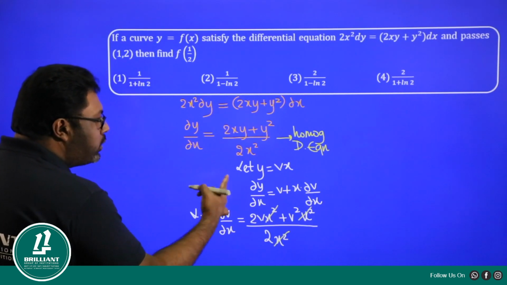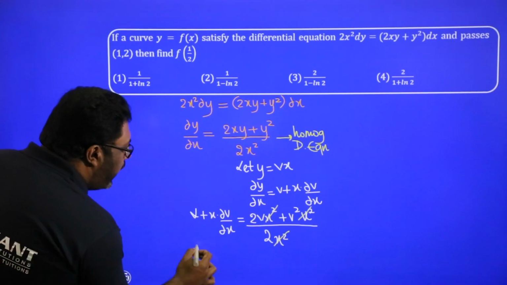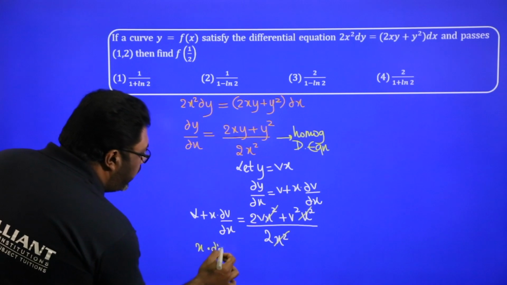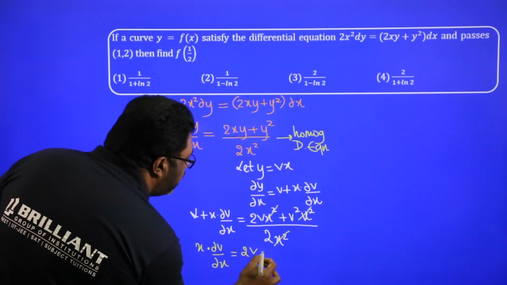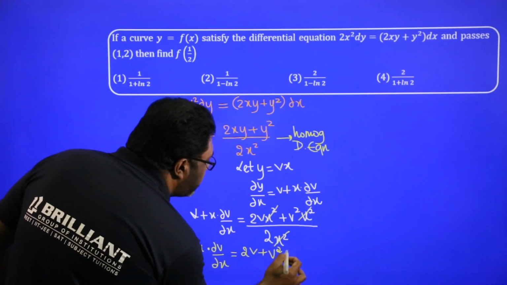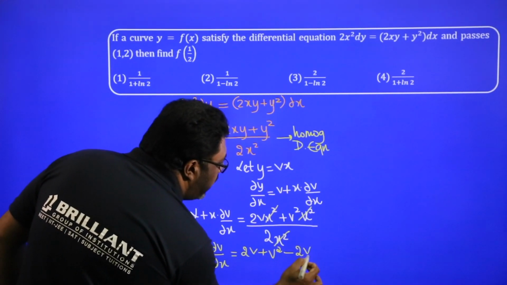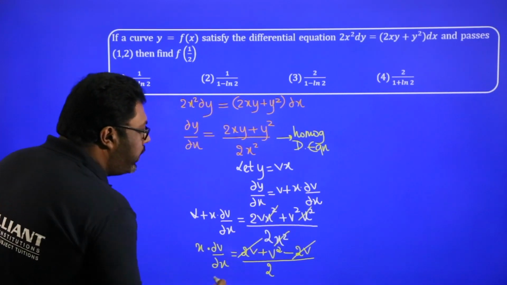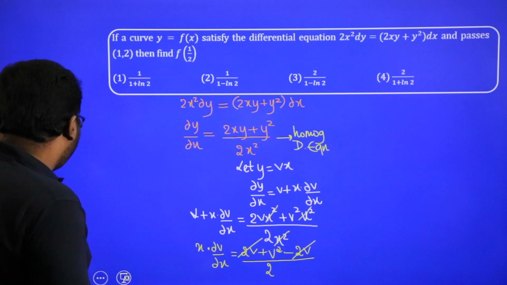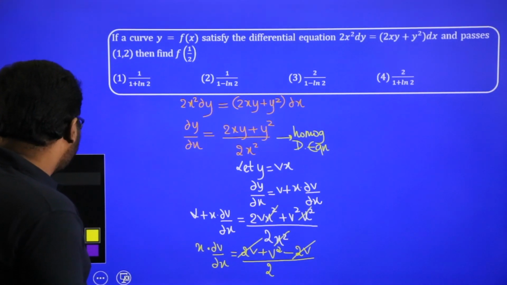Now take this v to the right hand side. I will get x into dv by dx. Apply LCM on the right hand side. You will get (2v plus v squared minus 2v) divided by 2. So plus 2v minus 2v cancels. It's a very simple form now.